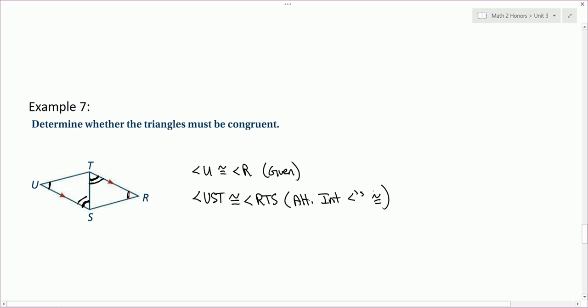Okay. Can we get anything else? Can we say that US is congruent to TR? And hopefully you're saying no, because just because they're parallel does not mean they're the same length. But we do have this shared side. TS is congruent to TS.